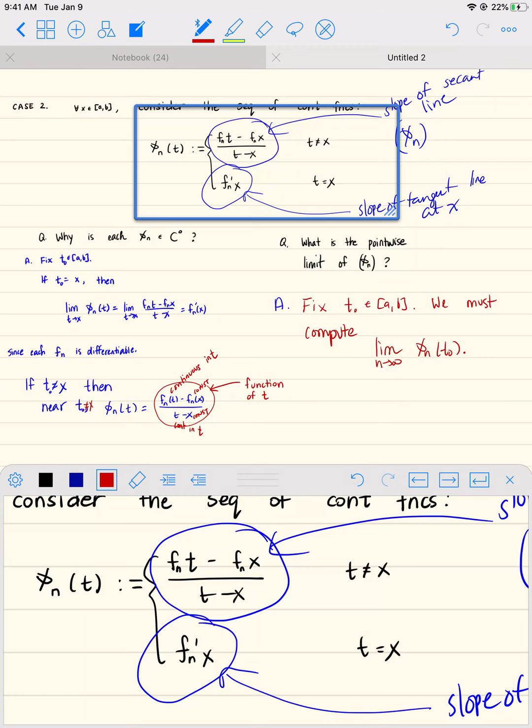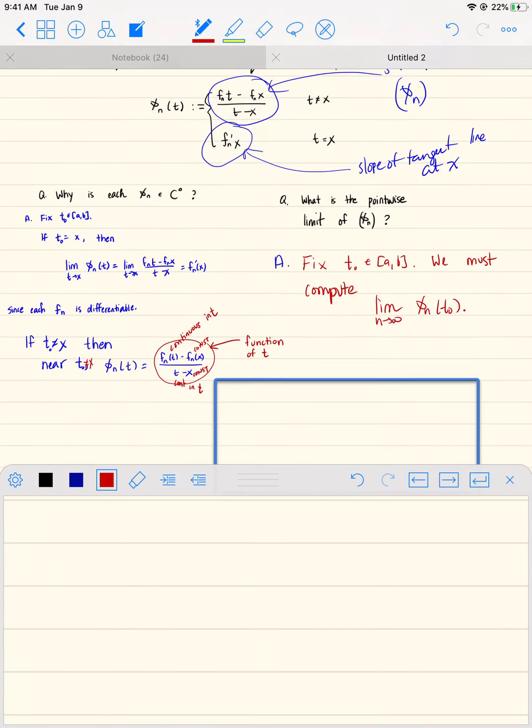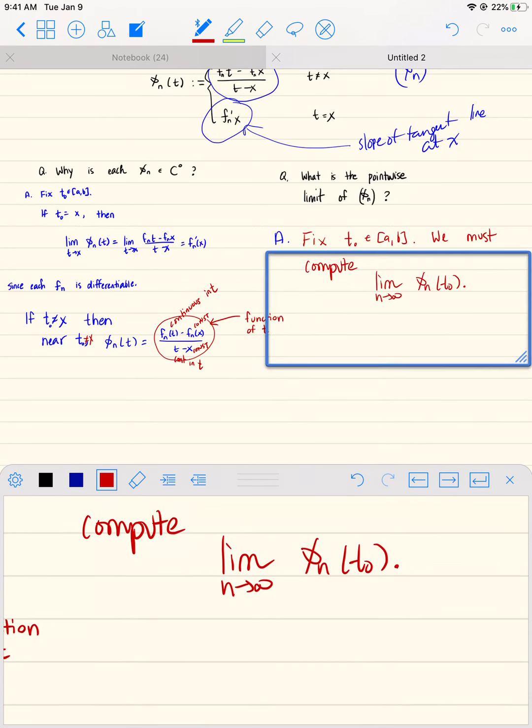If we fix t, then what is the limit? Well, let's see here. So as n goes to infinity, the f sub n of t should approach f of t. Why? Because the f sub n's are converging uniformly to f.